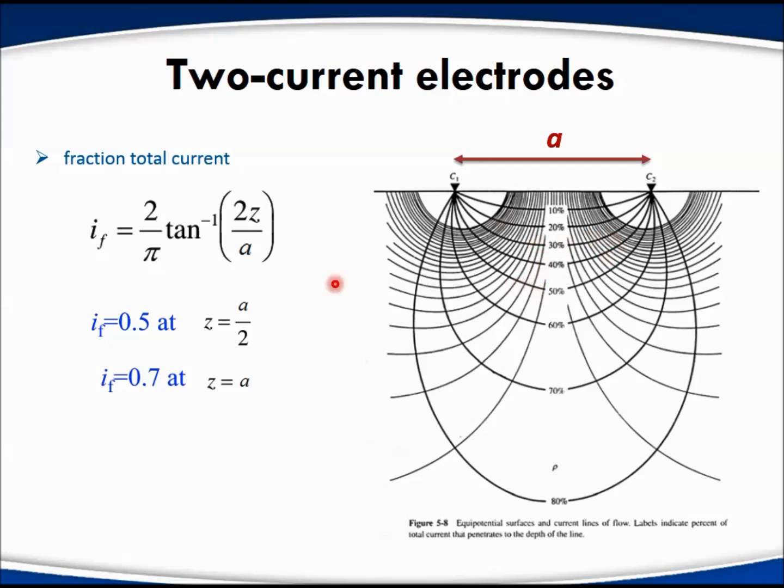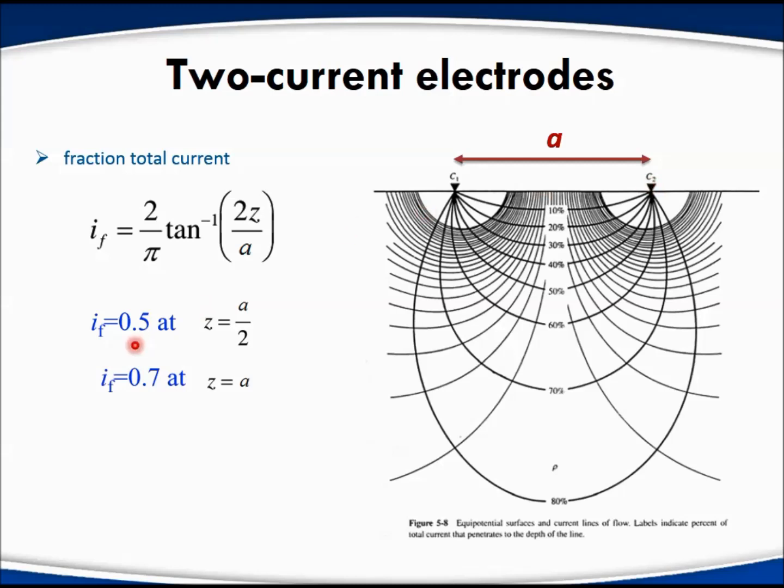So if we look at the fraction equation here, it states that the current fraction I_F is 2 over pi times tangent inverse of 2z over A, where z is the depth of penetration, and A is the distance between the two current electrodes C1 and C2.